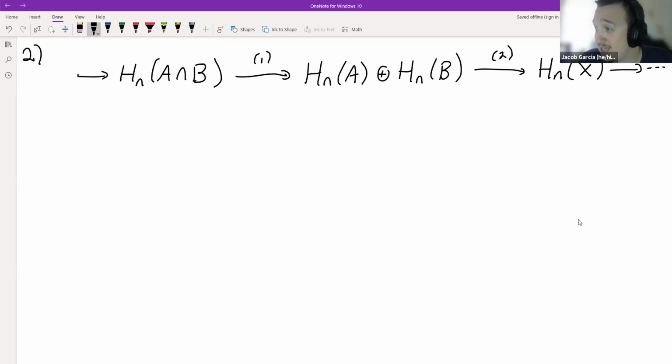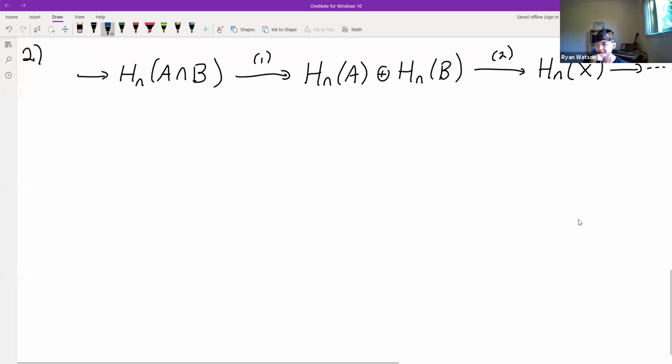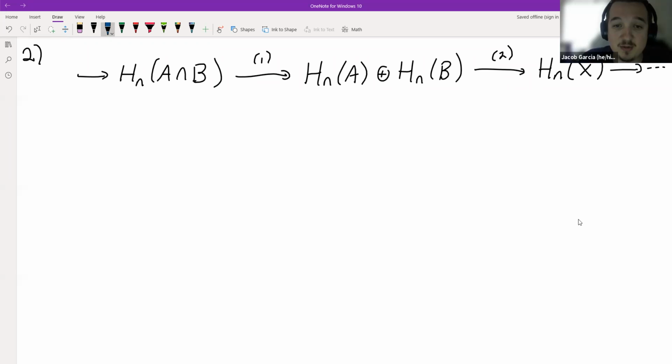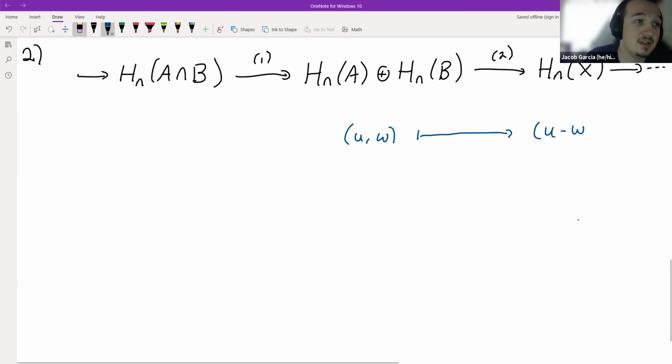Do you have any guesses for what map 2 is supposed to be? It's like the difference of the map from A to X and B to X. Yeah, so for map 2, I can take (U, W) and map it to U minus W. Okay, that's totally fine. So in order for this sequence to be exact, what does that have to make map 1?